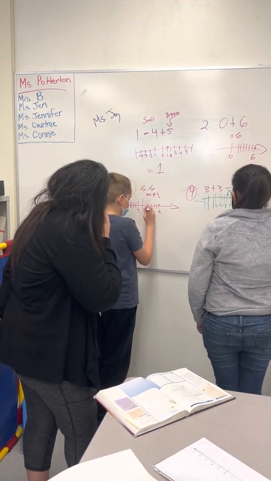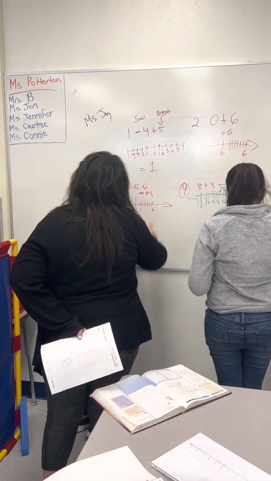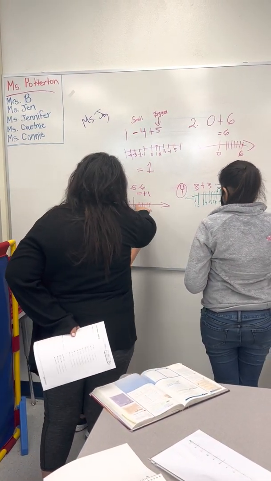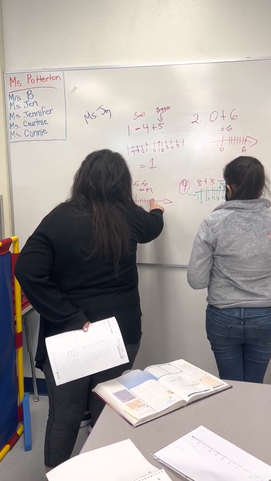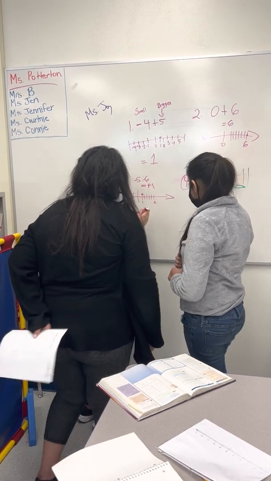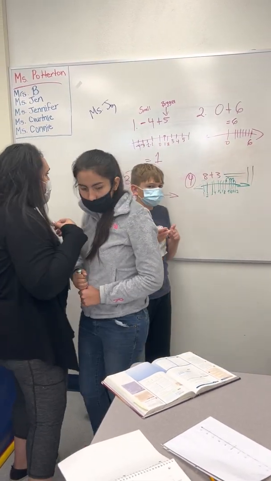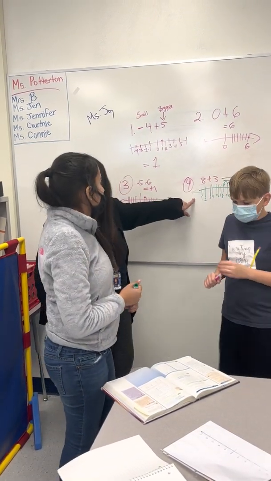Right there. So you have your dot. On the 1, right? Yeah. Good job. So I'm gonna go over with you. So 8 plus 3 is what? 11.